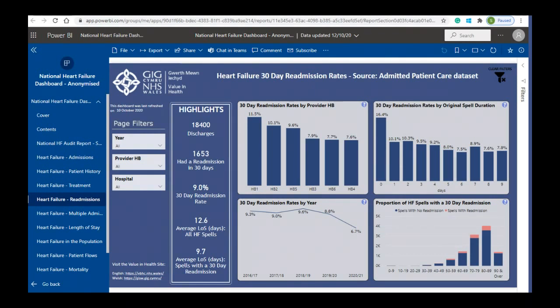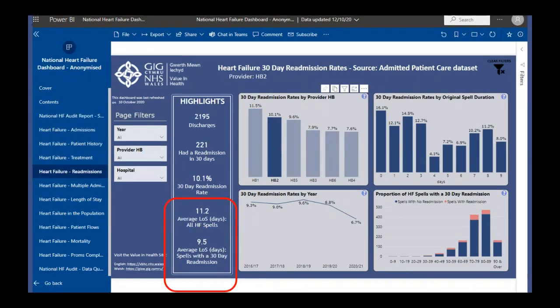So overall, there appears to be a trend in the reduction of admissions as the length of stay increases, although this can be variable in some health boards. We can see if we click here on health board 2, it goes up and down a bit. But we can still see overall that an average length of stay with a 30-day readmission is shorter than for all spells.